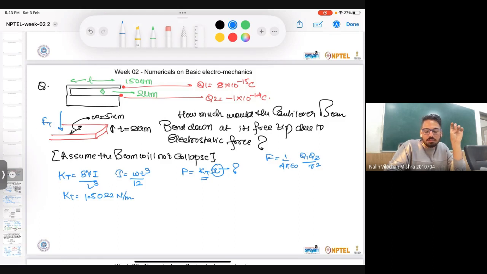We have the distance and these two charges, so very easily we can get the value for F. But there is this thing: when there is this deflection, what will happen?